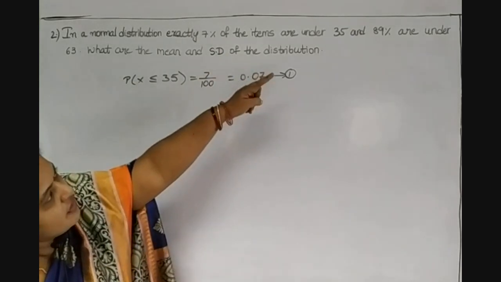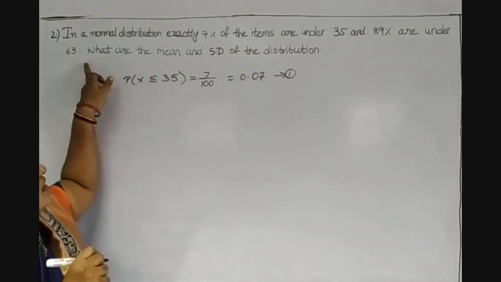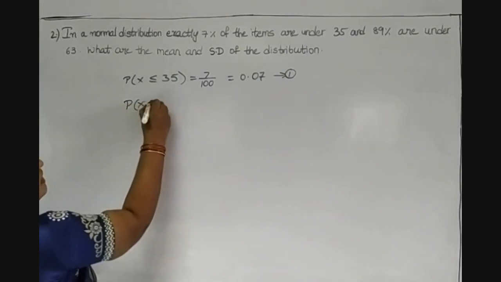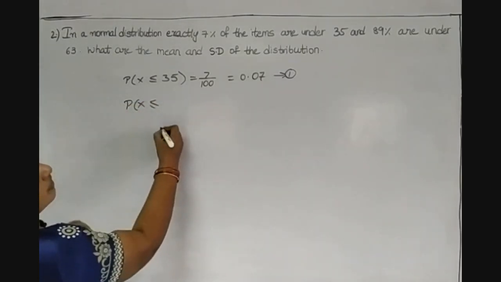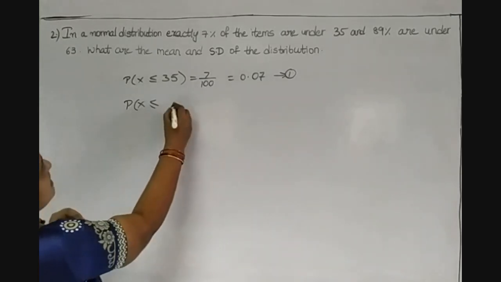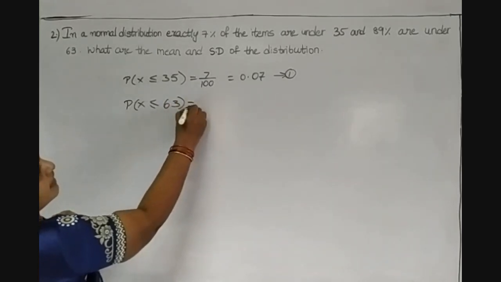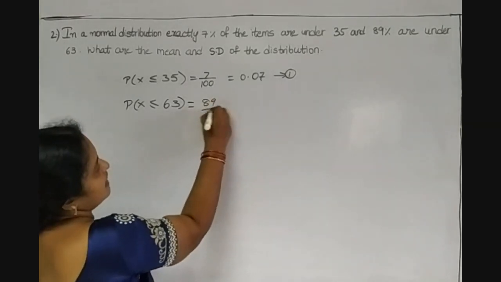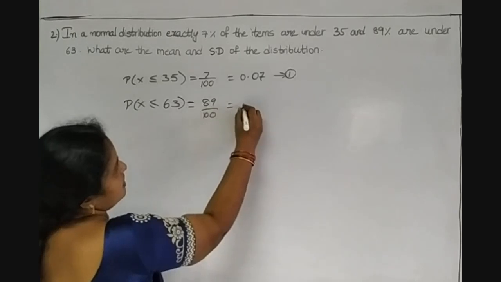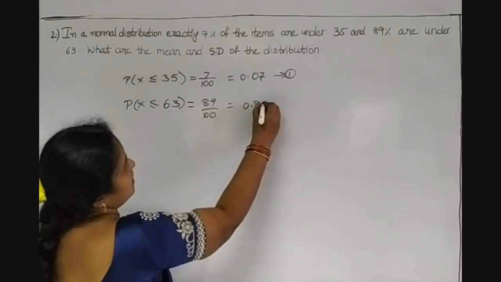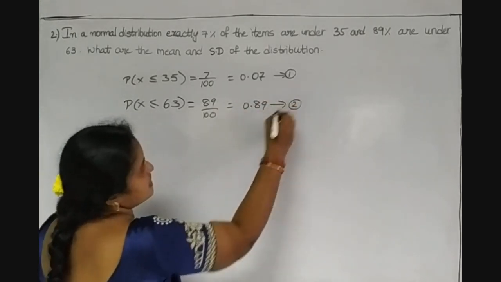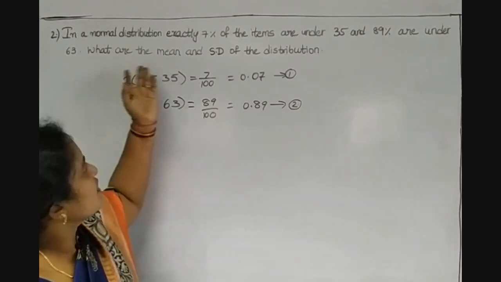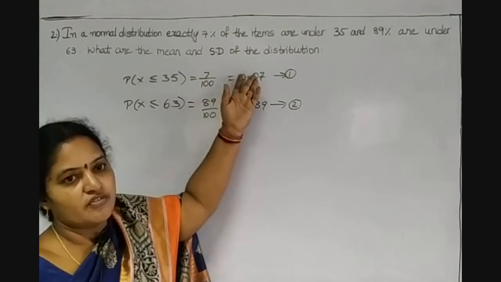And 89% are under 63. Therefore, P of X less than or equal to 63 equals 89%. 89% means 89 divided by 100, which is equal to 0.89. This is equation 2. From this we have to find out the mu value and sigma value.